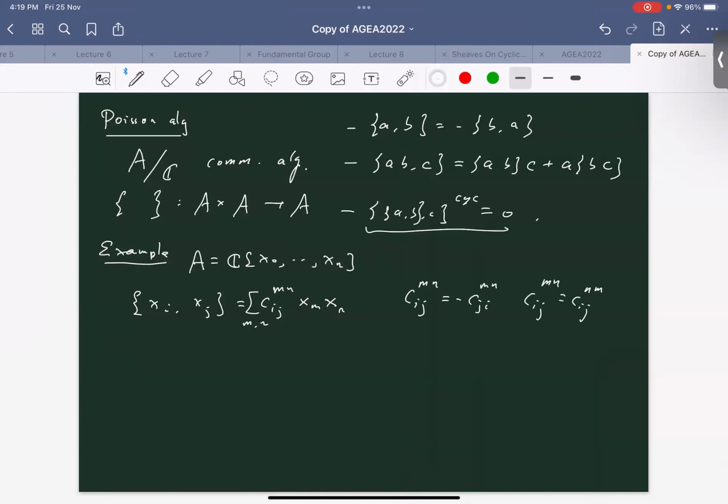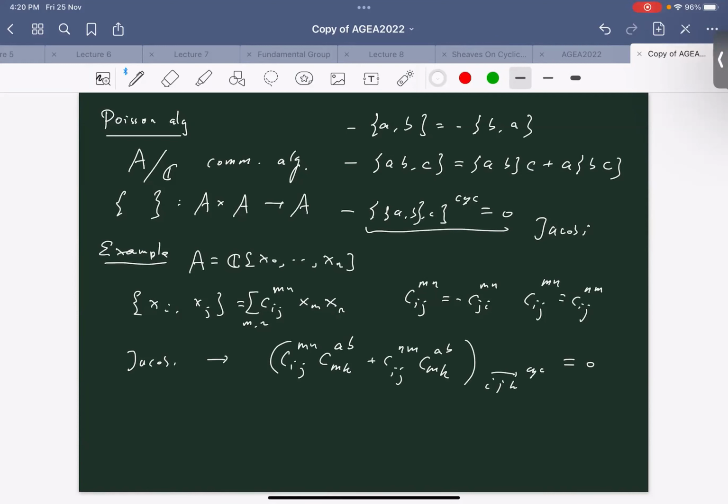This one is called the Jacobi identity, and it will give you some quadratic equations. Let me just write down the answer. I use the Einstein notation. So I do the cyclic permutation. This is some quadratic equation satisfied by these coefficients.